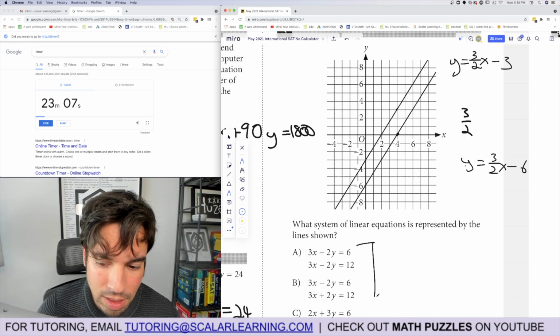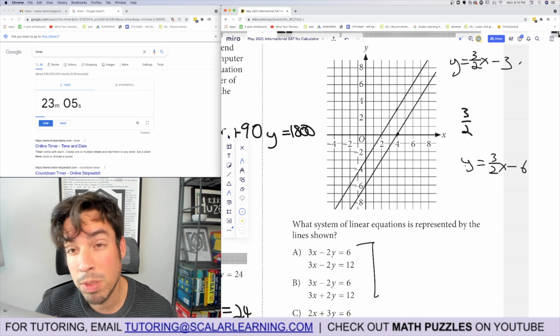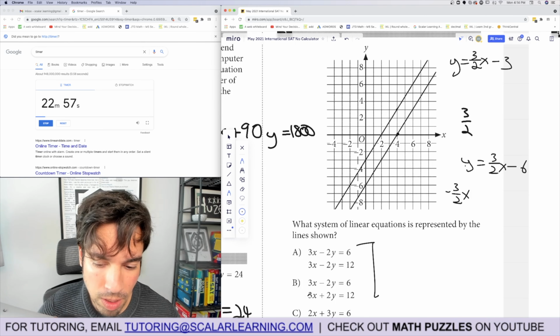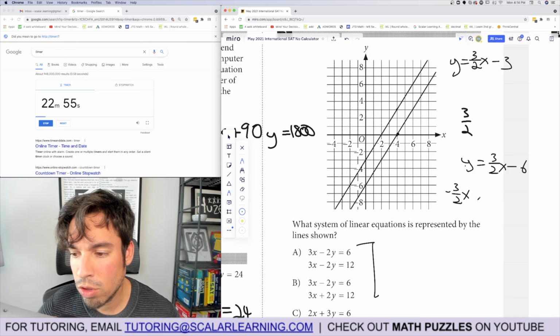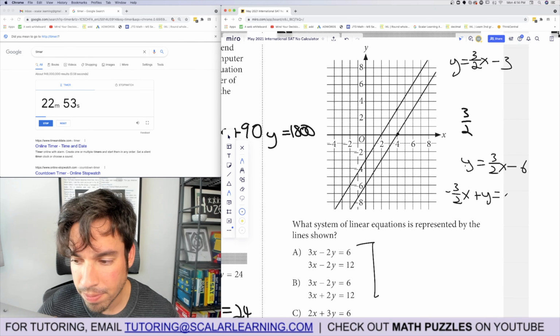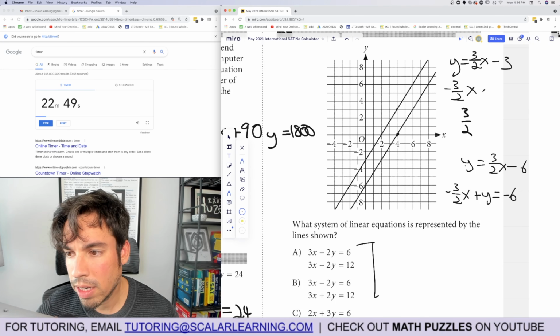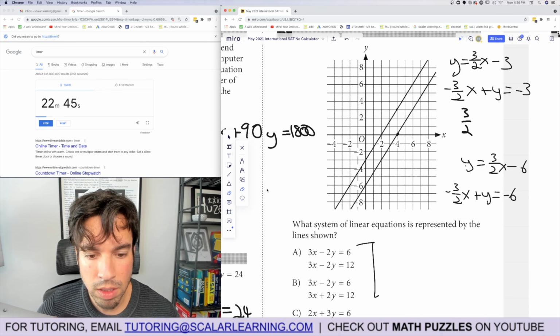And these are all in standard form, which basically just means we get the x and y together and then make sure there's no fraction coefficients. So this would be -3 over 2 x plus y equals -6, and -3 over 2 x plus y equals -3. Let's erase this.